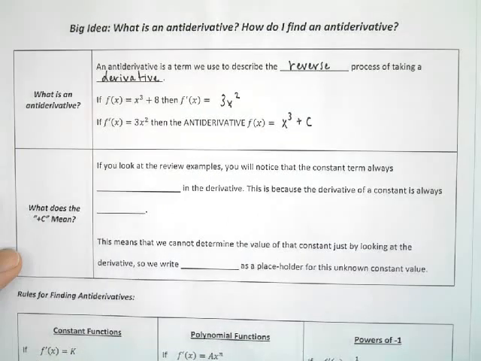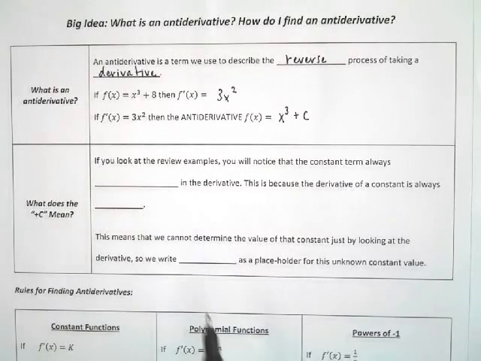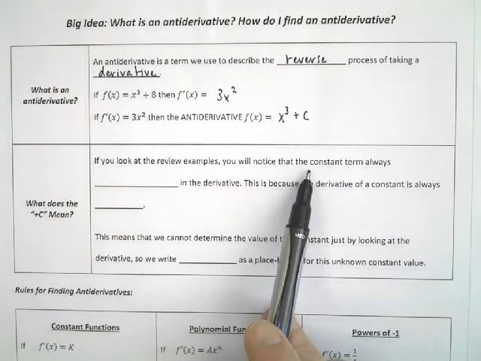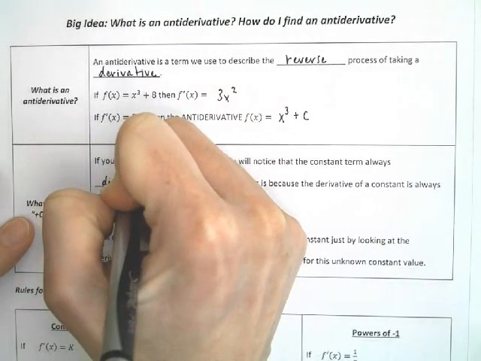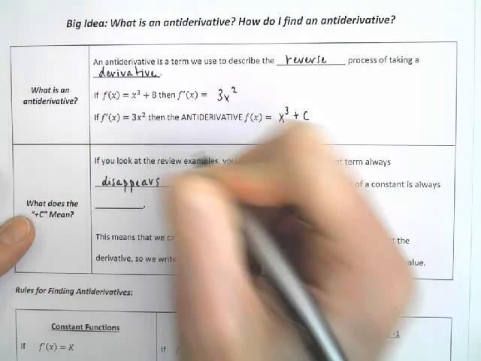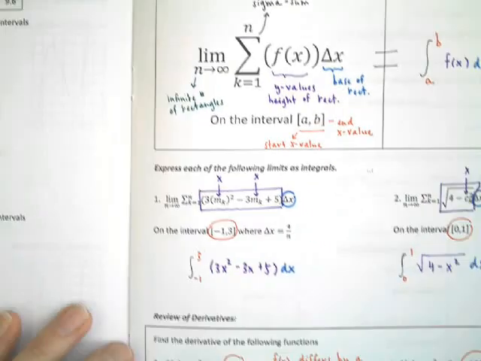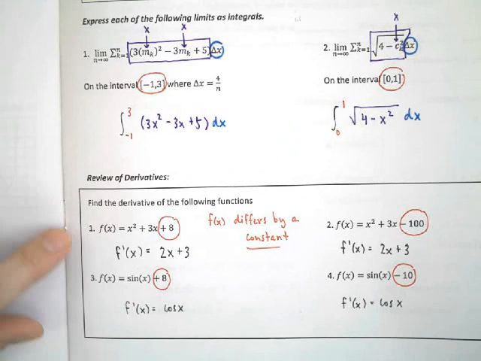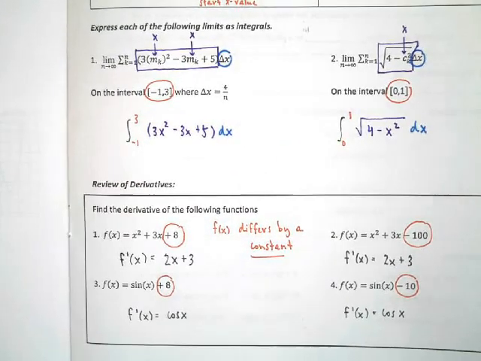Okay, so what does that plus c mean? If we look at the review examples, we'll notice that the constant term always disappears in the derivative. When we found these derivatives, the derivative of the constant is 0, so we didn't have that term anymore in our derivative.